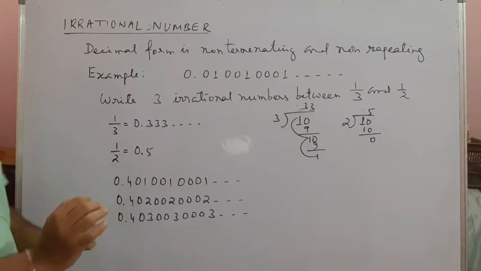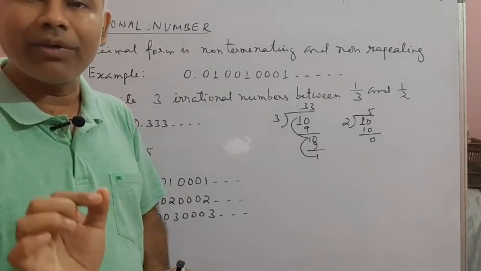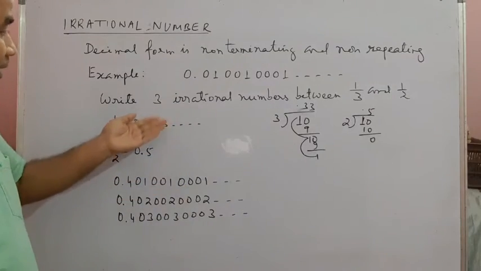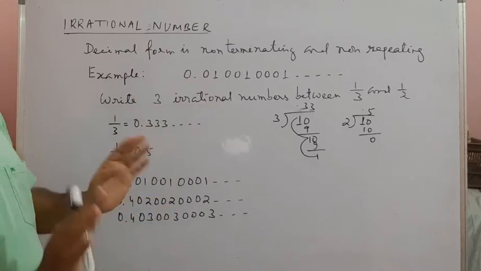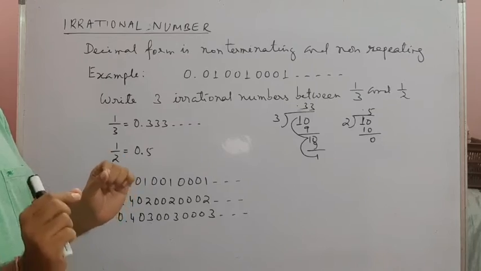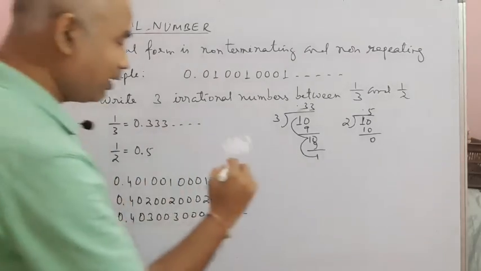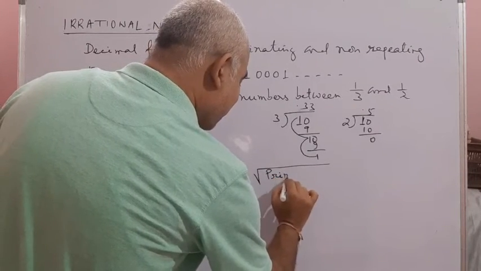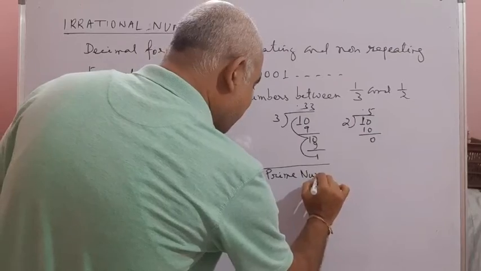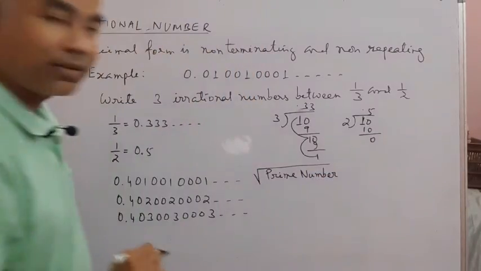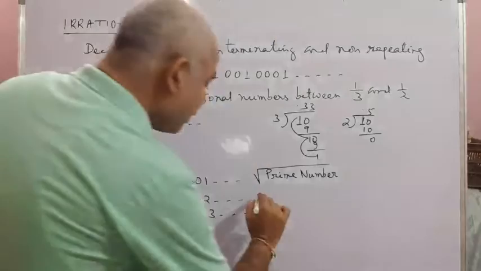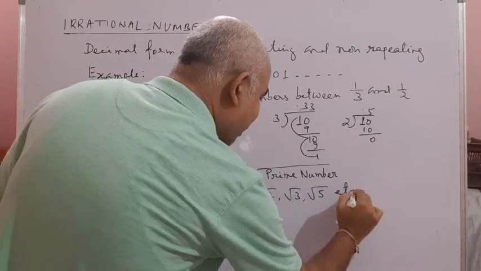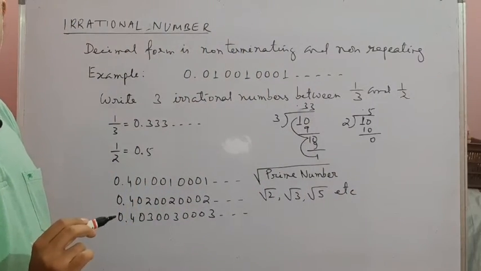So next you may have a question. Suppose we are asked to give examples of irrational numbers. So these are the examples, and suppose some ready examples, very simple. If you are asked to find the square root of any prime number, I think all of you know what a prime number is. The square root of any prime number, that means square root of 2, square root of 3, square root of 5, etc. These are all irrational.